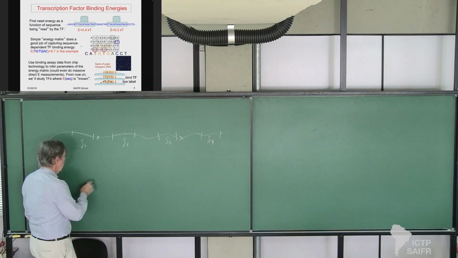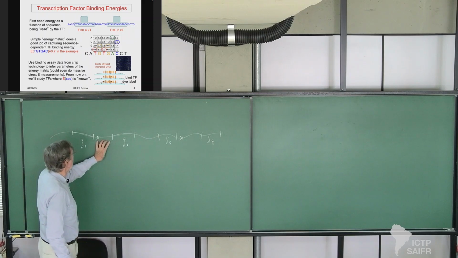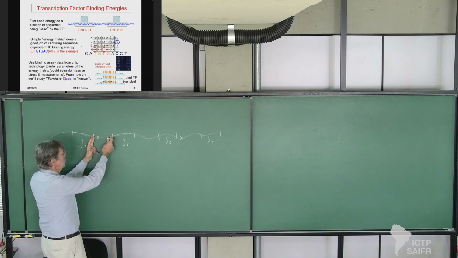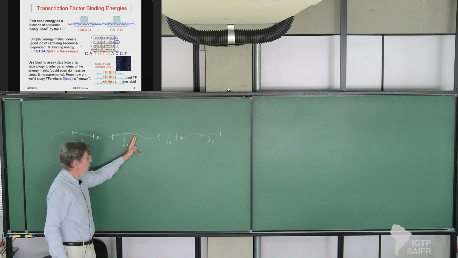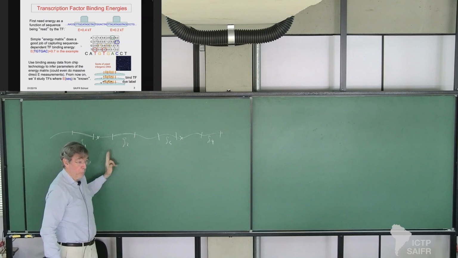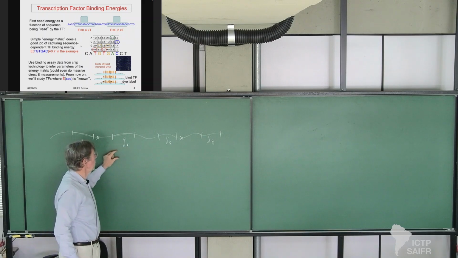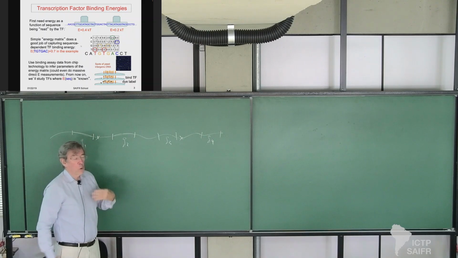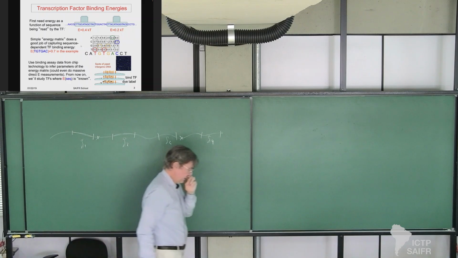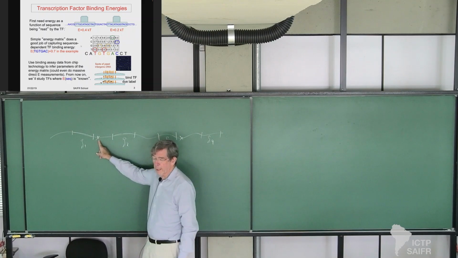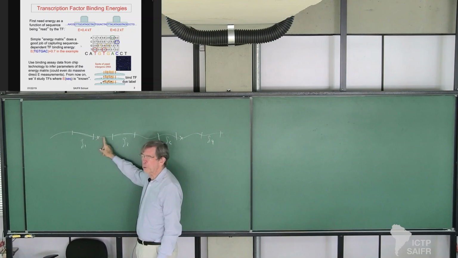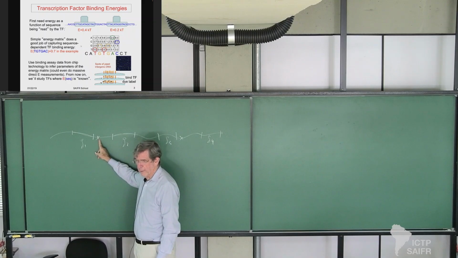So the idea is, if you put a cocktail of DNA strands which encompass the intergenic regions into contact, or in solution, with the transcription factors, you can well imagine that with the appropriate kind of technology, you can figure out which of these intergenic regions have been bound by the transcription factor, right?